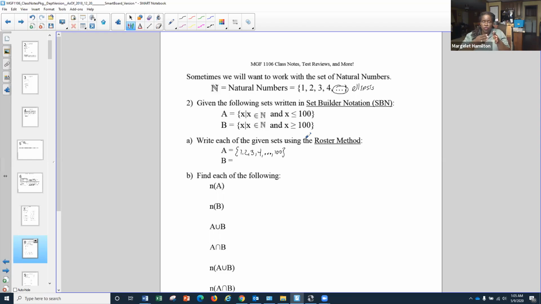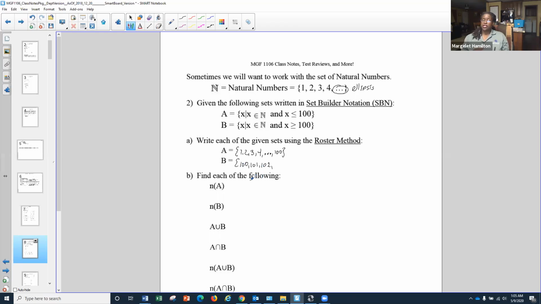So 100, 101, 102, on up to infinity and beyond. So when we write our set here, in our set brackets, we're going to start with 100, going to 101, then 102. You've got to start your pattern so we'll know what pattern we're going in. Then you can put your ellipse in.